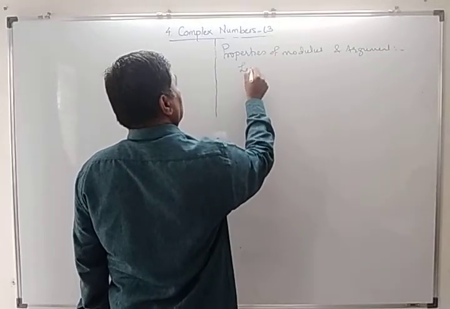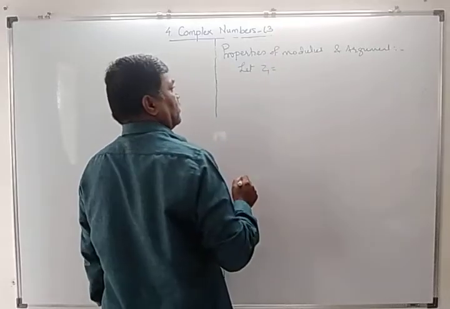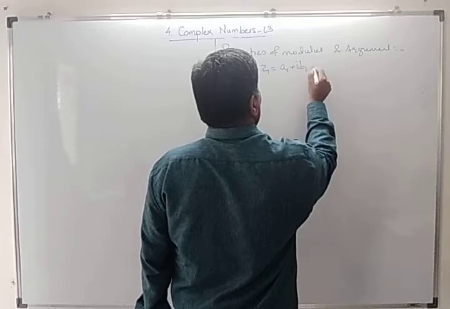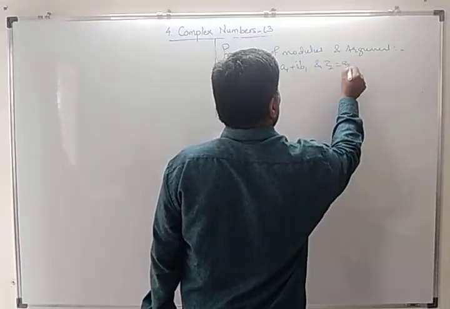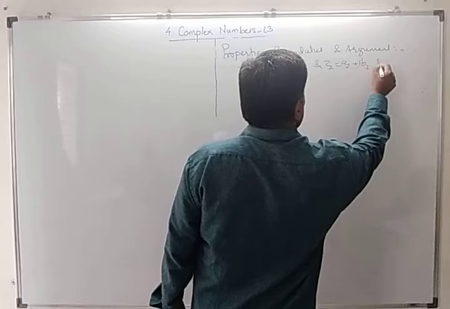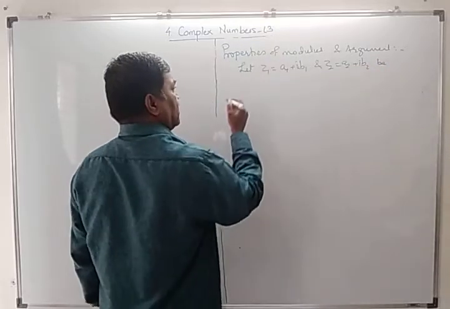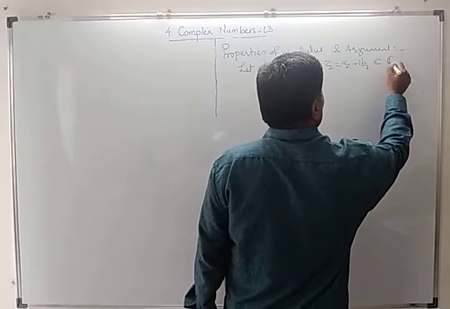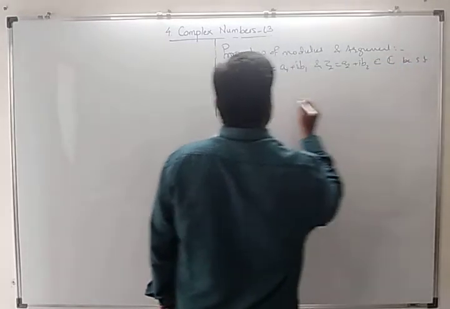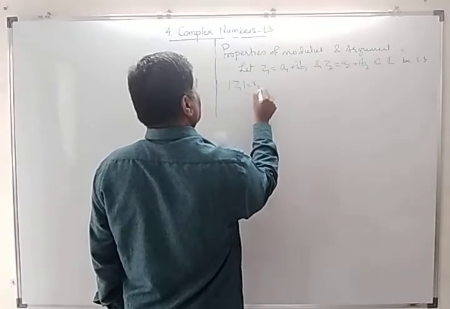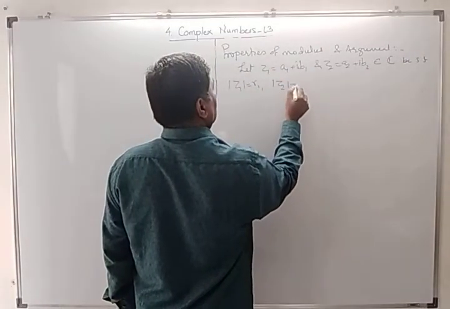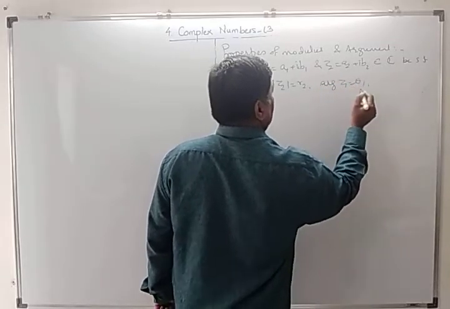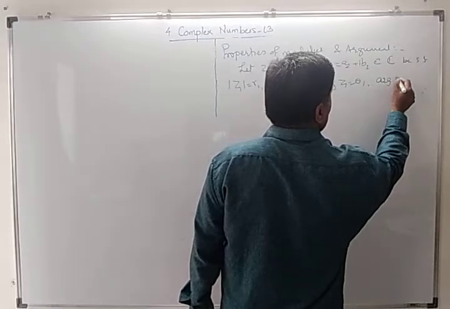Let z1 is equal to a1 plus ib1 and z2 is equal to a2 plus ib2 belong to C. This says that mod of z1 is equal to r1, mod of z2 is equal to r2, argument of z1 is equal to theta 1, argument of z2 is equal to theta 2.